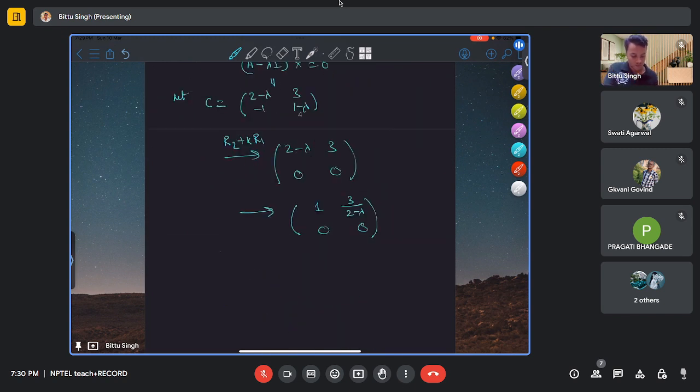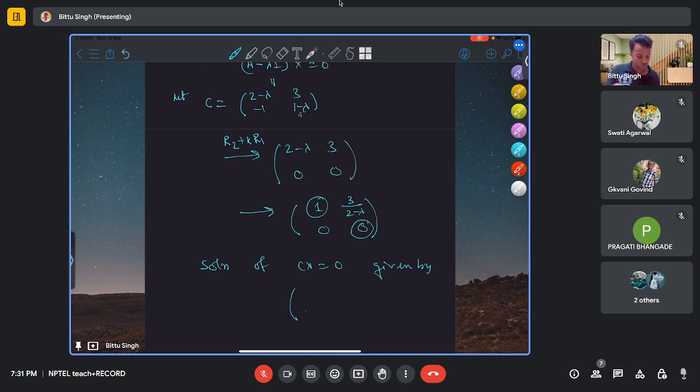So what will be an eigenvector? The solution of Cx equal to 0 is given by, what will be the solution? The second thing is, you can see that the second column does not contain any pivot. Okay, the first column contains it.